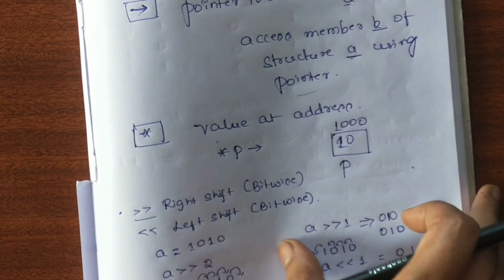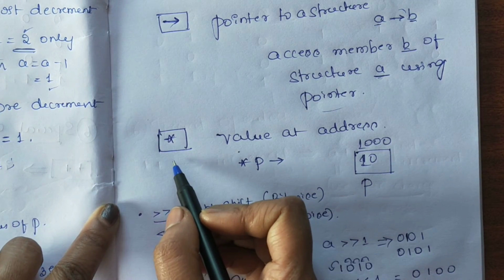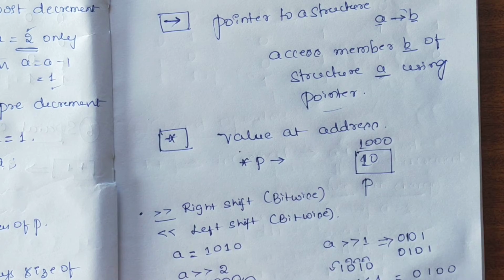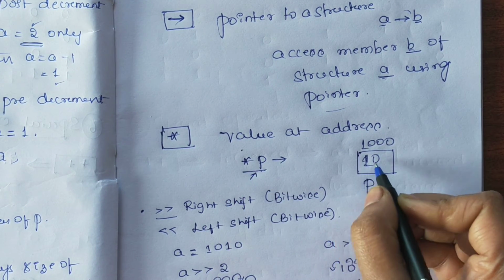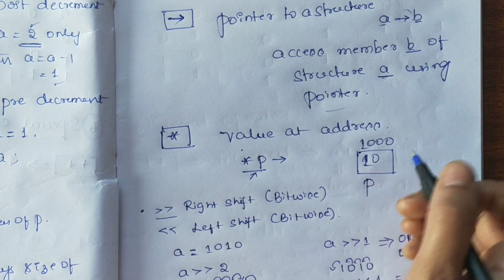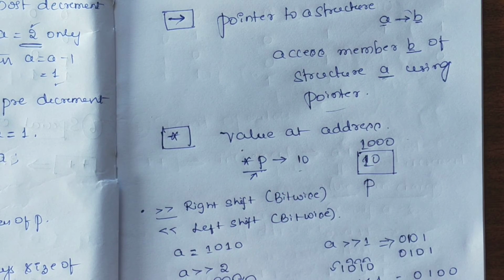Then the star indicates value at the address. Suppose star P indicates value at this P. Suppose P contains the value 10 at this address 1000. Then what star P prints is 10.